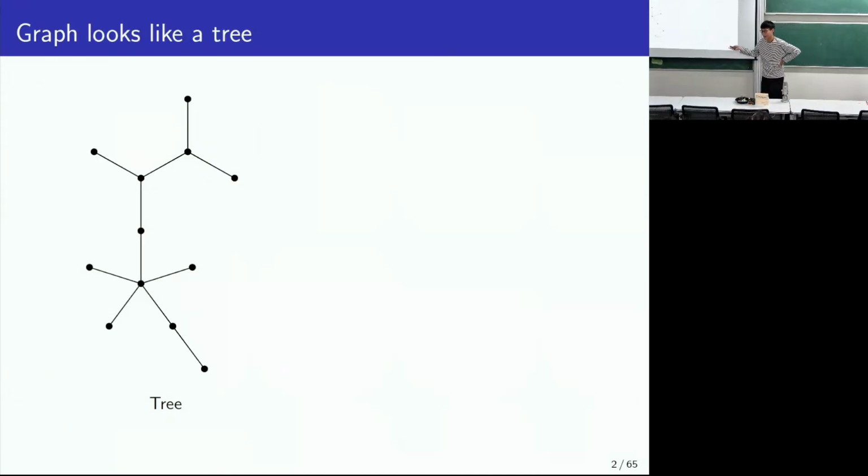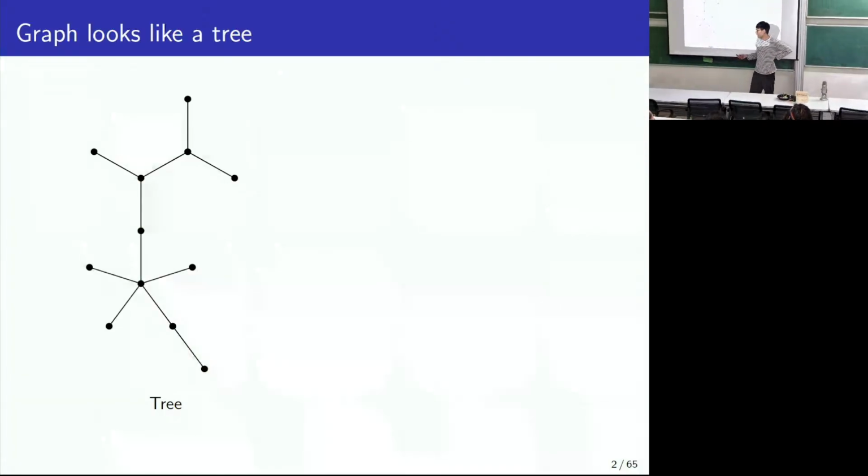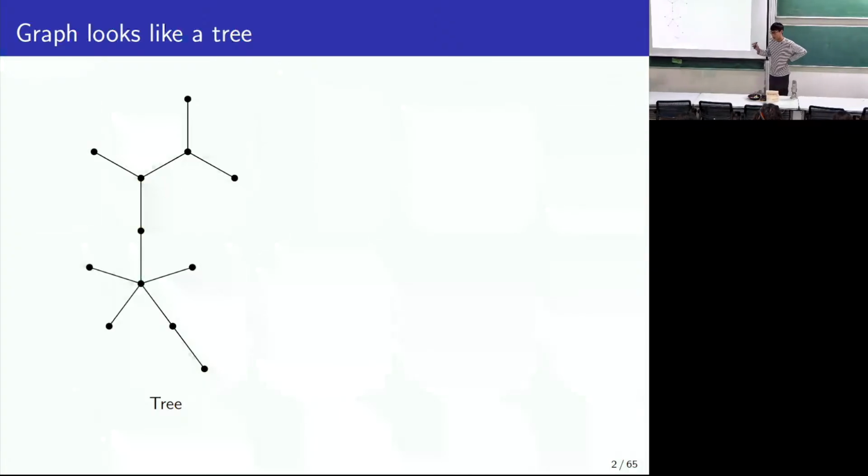So we love graphs. Especially we love simple looking graphs. Trees are really basic kinds of graphs, where many hard problems become easier on trees. One good thing about trees is that when we delete one edge or one vertex, the tree just disconnects into many components, which will never interact with each other again.